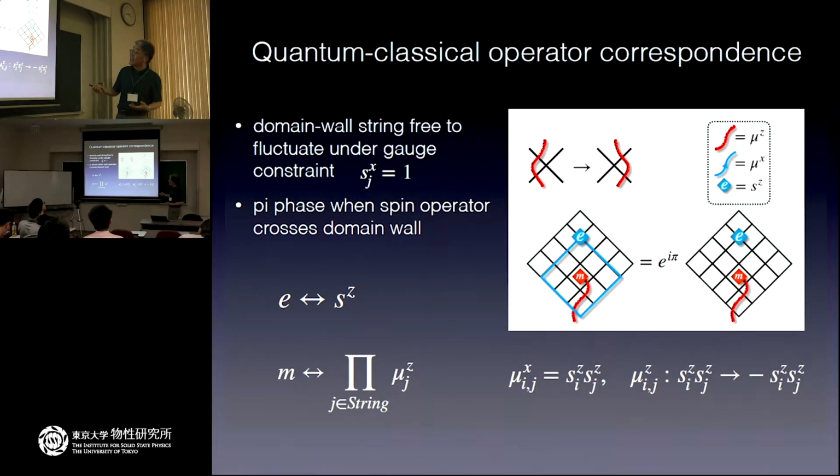And also you can check the statistics between the electric charge and the magnetic flux. They satisfy this semionic statistics.